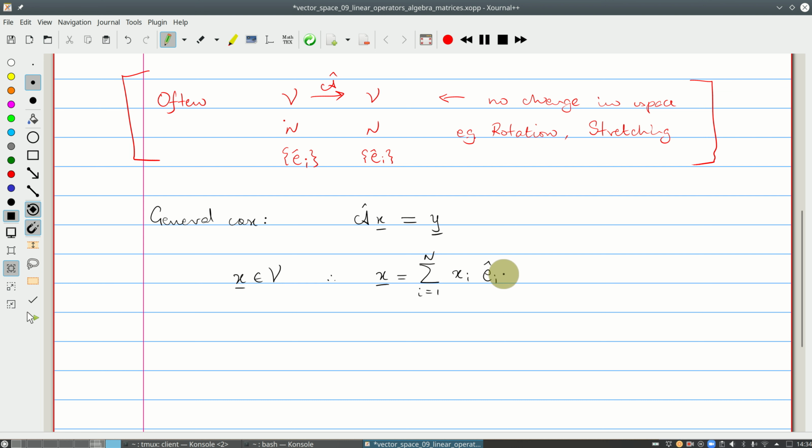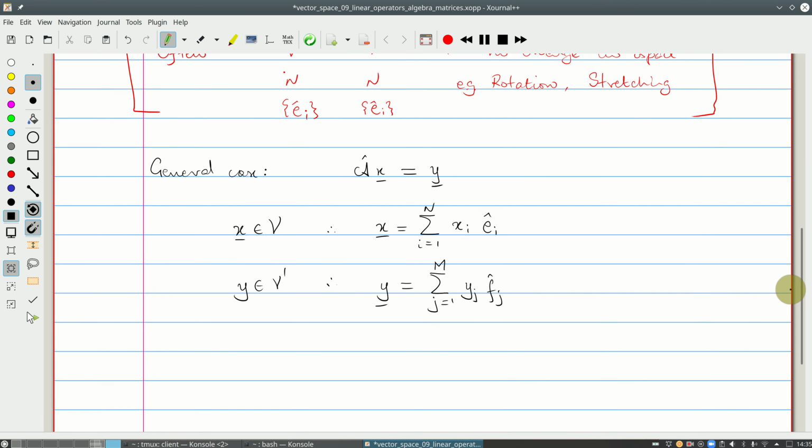It uses the e hat i basis set. y, on the other hand, belongs to the space V prime. Therefore, y is expanded in terms of the f hat basis, and I'll use a different index here. This goes to dimension m: the sum of y_j f hat j.